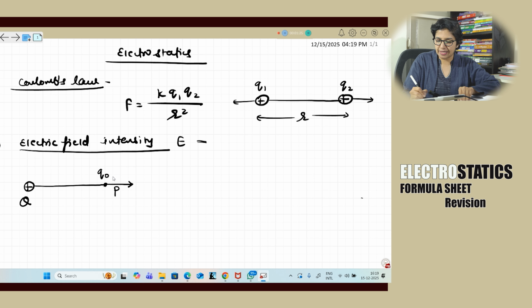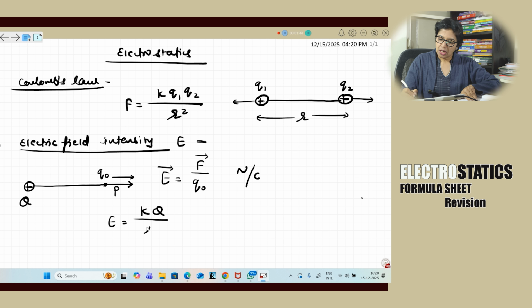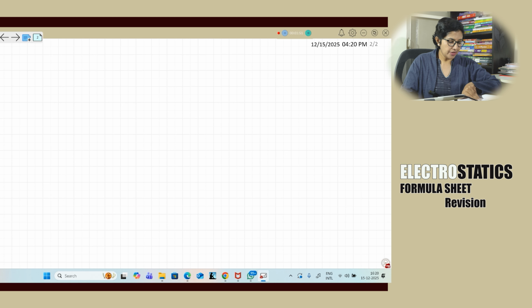If you place a test charge here, due to the presence of this positive charge q, it is going to move away along the line joining the two charges. So electric field intensity is equal to the force acting on unit charge q naught. Its unit is Newton per Coulomb, and in magnitude it is kq by r square.